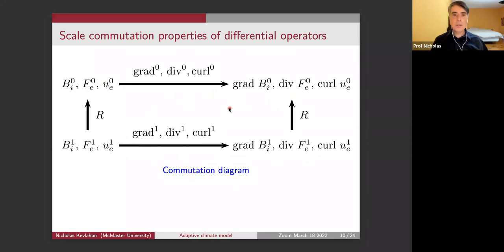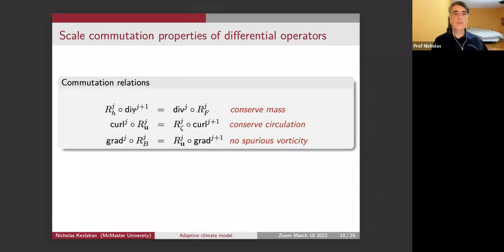And what that does is it puts constraints on the differential operators and the restriction operators. The key thing to not break conservation of mass, or conserving circulation, which is like vorticity, or not to produce artificial vorticity, is that you have these commutation relations between restrictions and the differential operators.